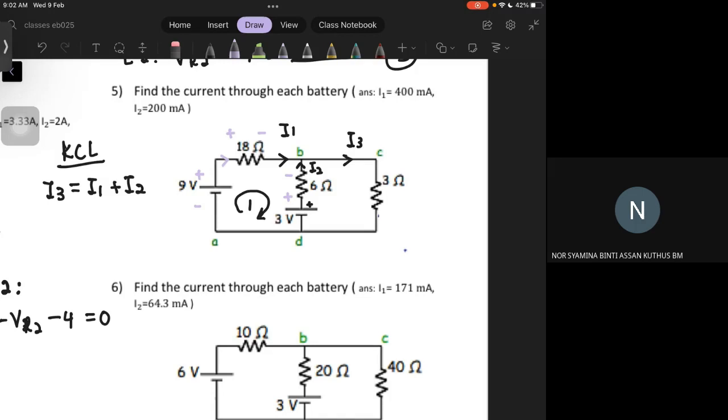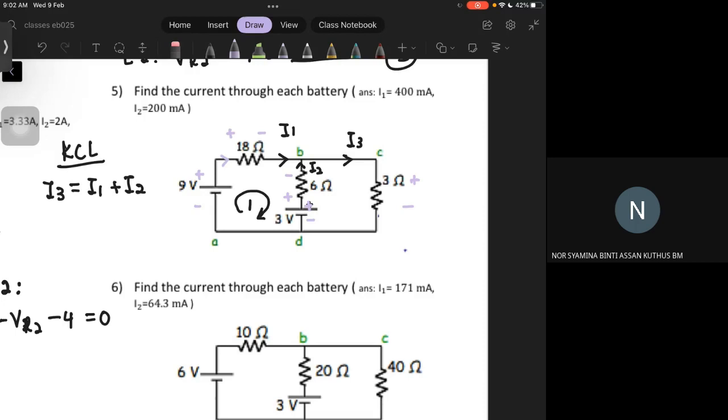Awak punya 3 volt ni pula, sini positif, sini negatif. Current 3 that goes into 3 ohm, dapat sini positif, sini negatif. Positive and negative terminal follow is given by the direction of your current flow.